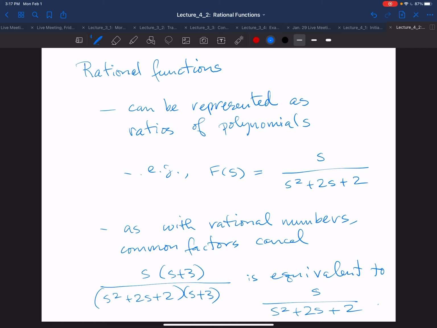Just as 2 over 4 is equivalent to 1 over 2 in the rational numbers. These are considered to be one and the same rational function.